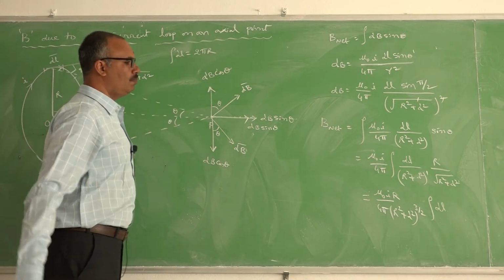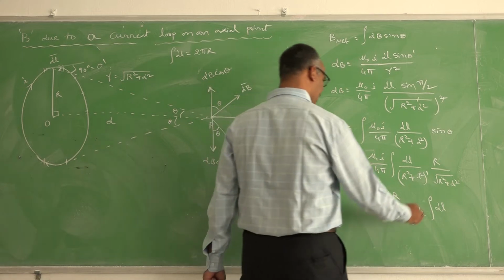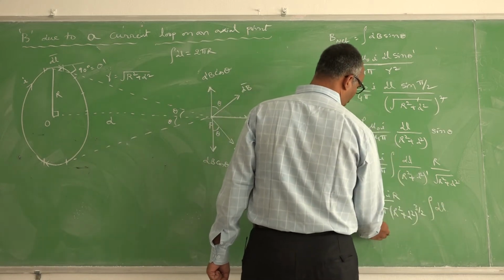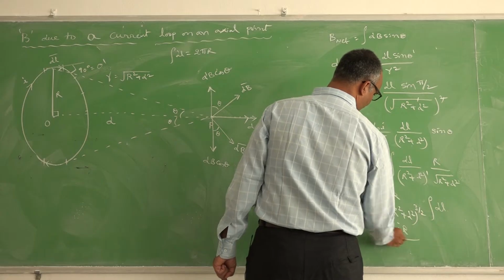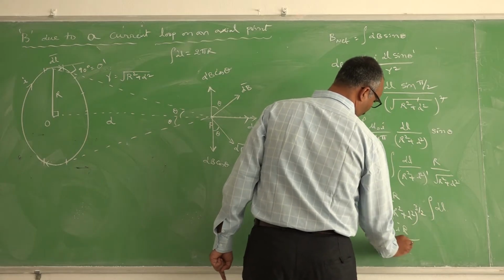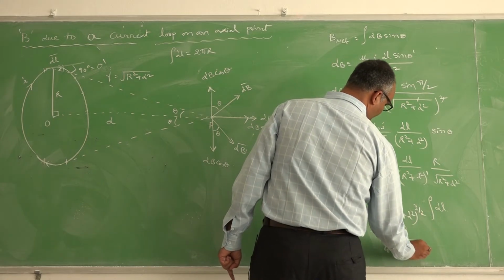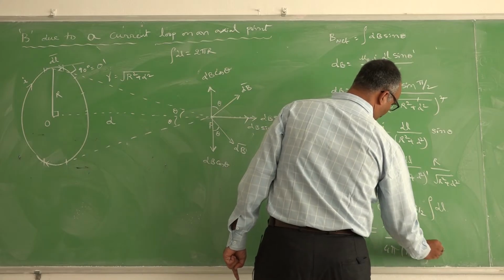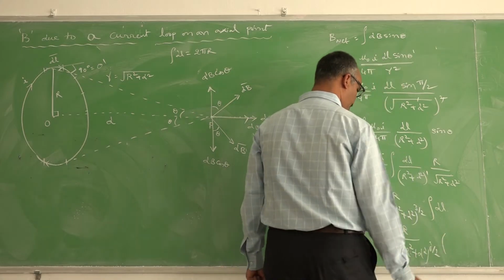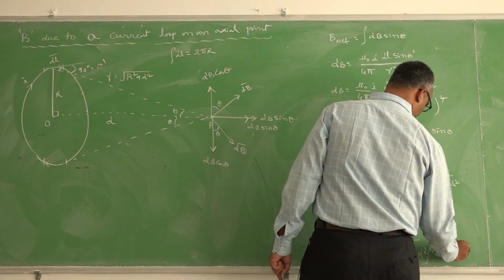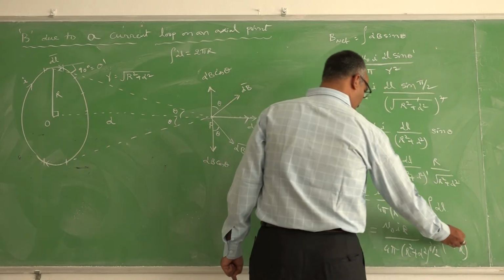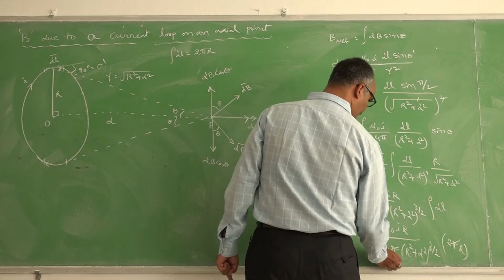So, in the place of integral dl, I should write 2 pi r. So, mu naught I r by 4 pi into r square plus d square whole power 3 by 2 into 2 pi r. So, 2 pi will go for 2 times here.